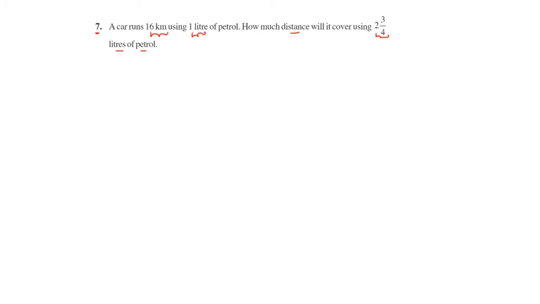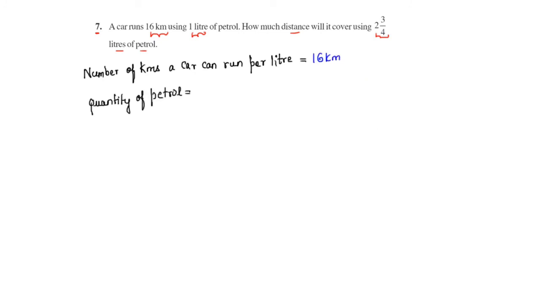Now if you see the question, it is given that a car runs 16 km using 1 liter of petrol. So we will write the number of kilometers a car can run per liter. It is already given. According to the question, we will write it as 16 km. As mentioned, for 1 liter of petrol, or per liter, the car runs 16 km. That's why we have written this.